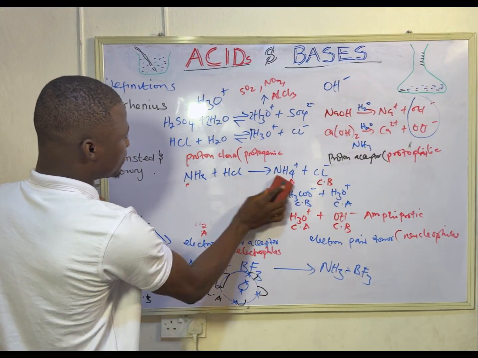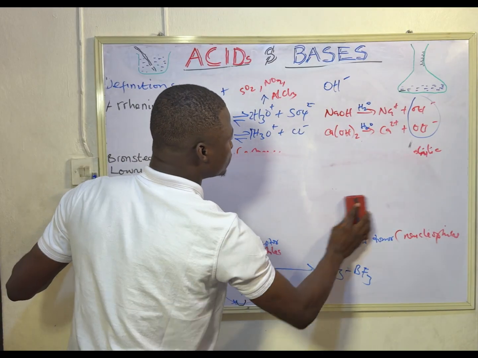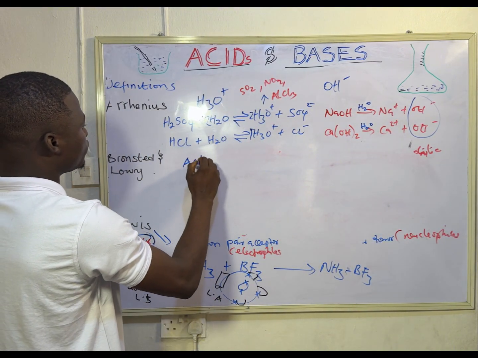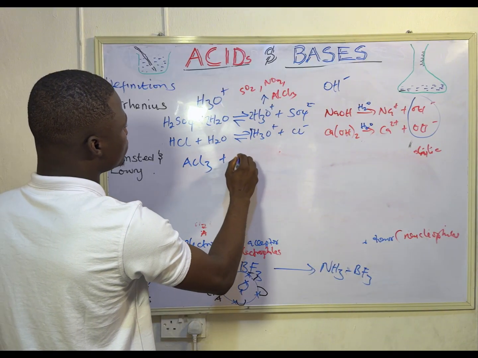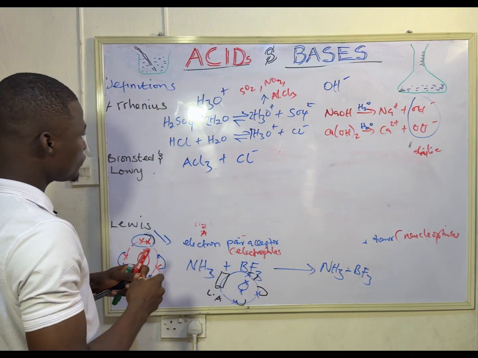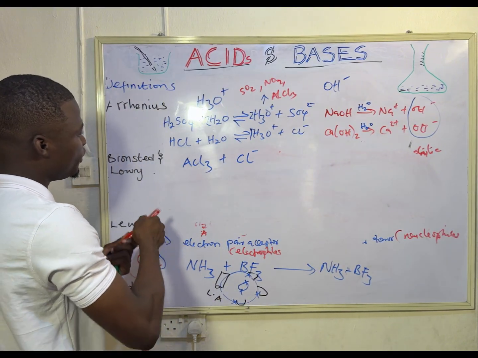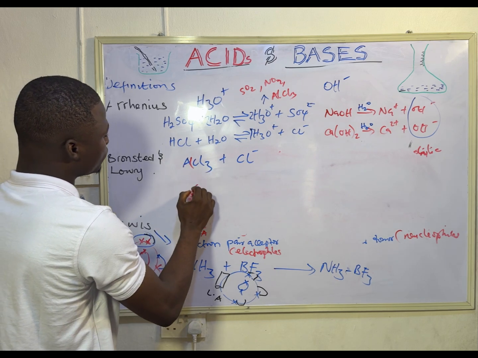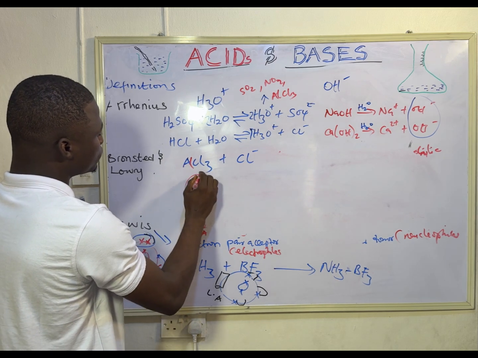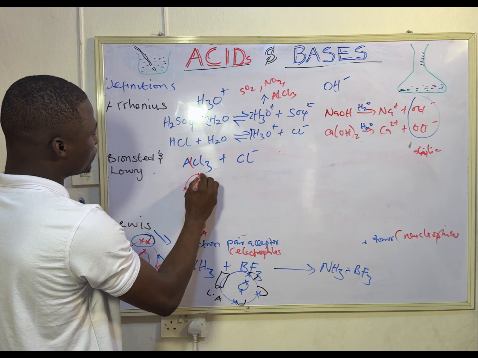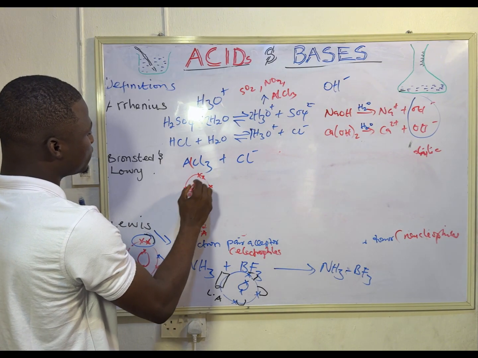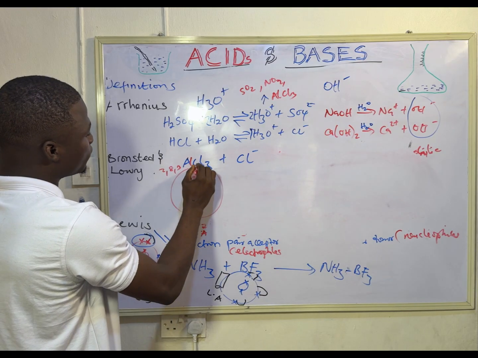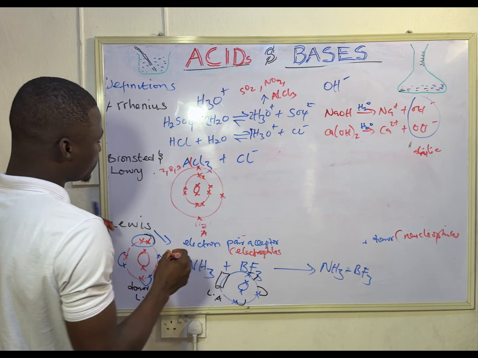Another example is aluminium chloride plus chloride ion. So in this case, aluminium is 2, 8, 3. 1, 2, 3.